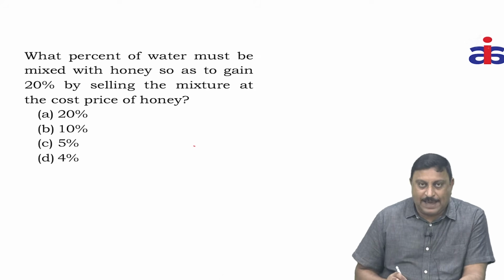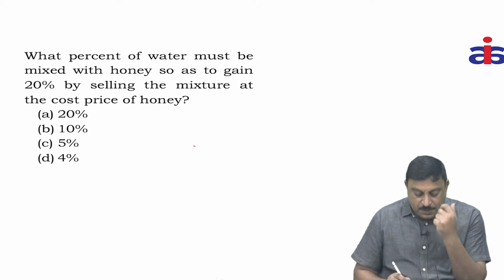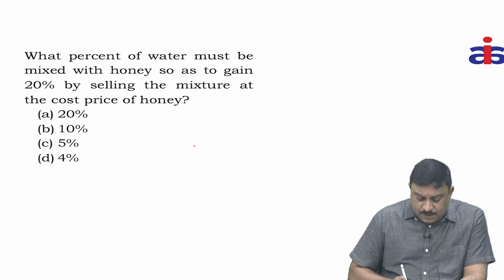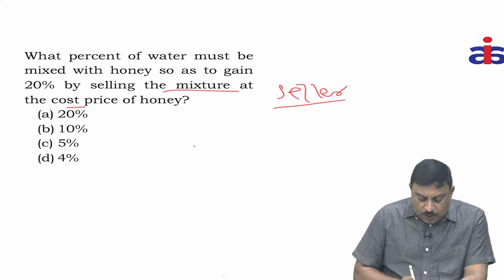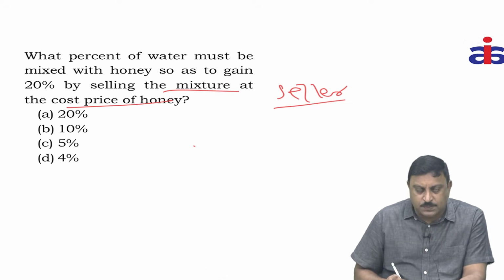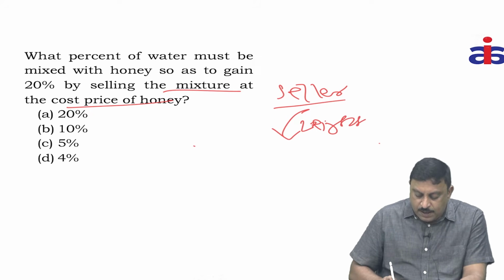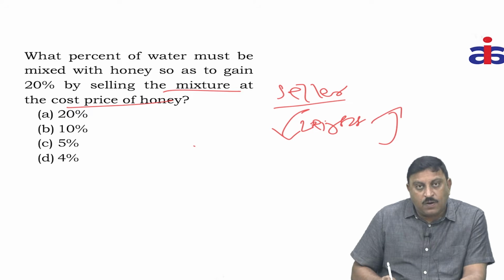How will he get the gain? For a seller to gain something while selling at cost price, there are two ways. Either he decreases the weight, or he increases the volume by adding something like water.